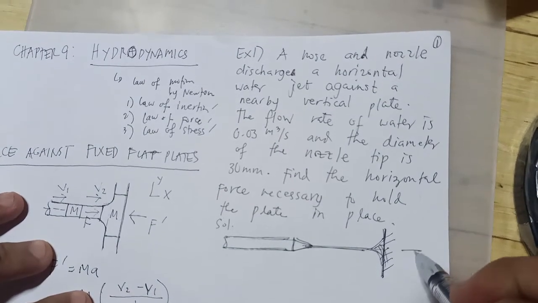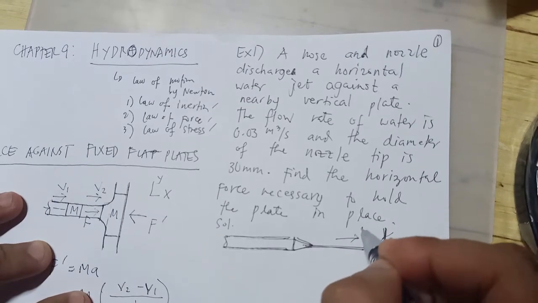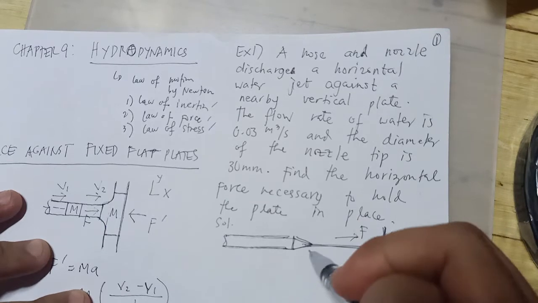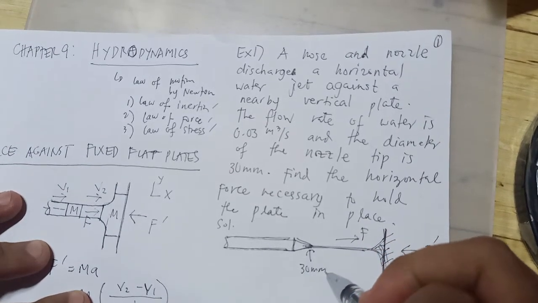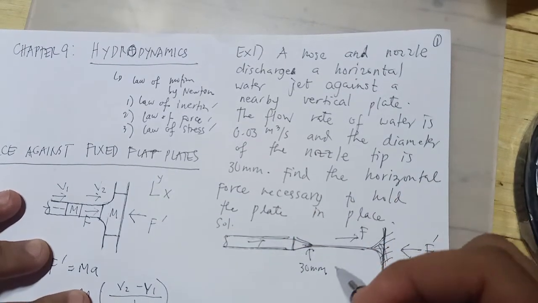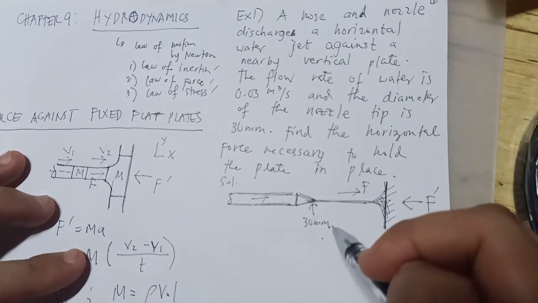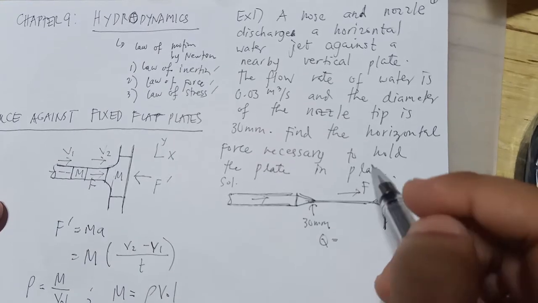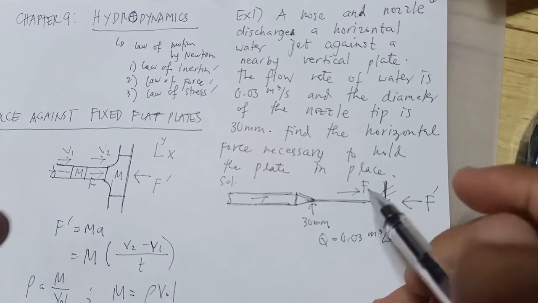Let's say, diba may force na against, may force na going, so F prime, no? Tapos ito, it says na 30 millimeter, and the flow rate, I mean discharge, is 0.03 cubic meter per second.